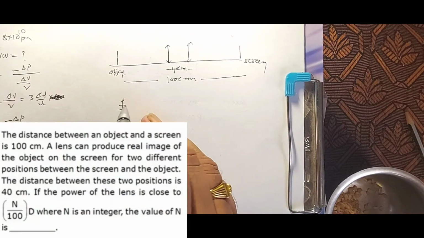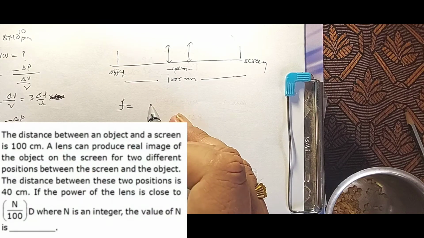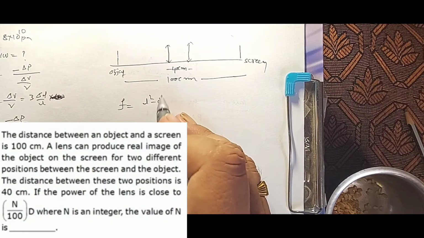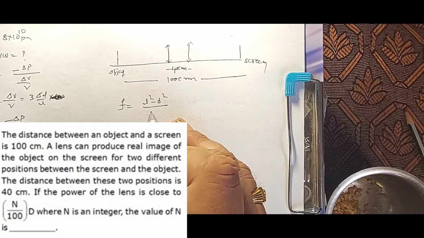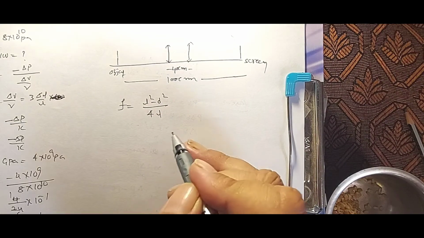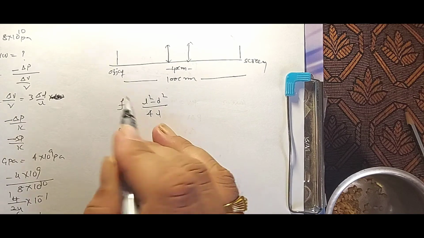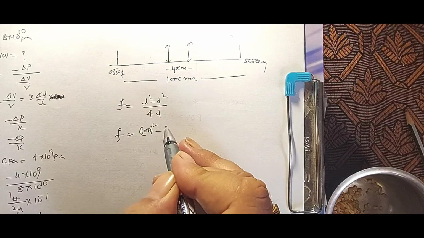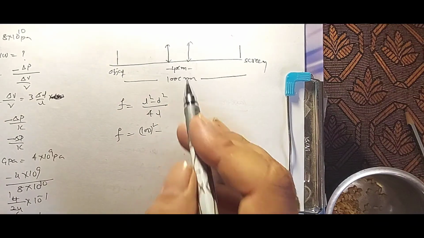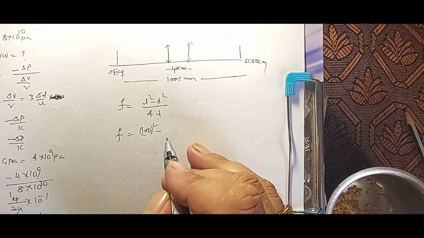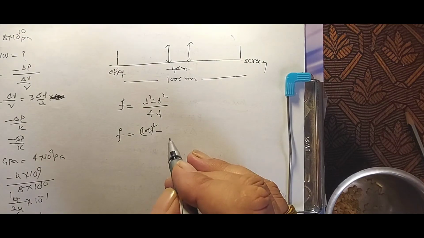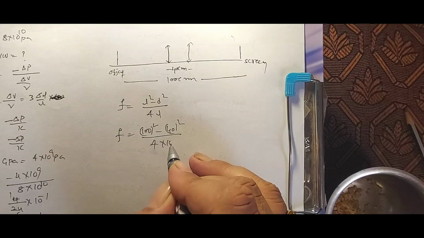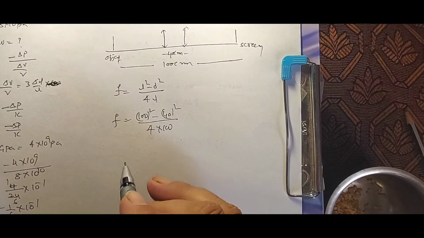We know that in conjugative forcing method, the focal length of a lens F is equal to L square minus D square by 4L. Here L is the distance between object and screen, that is 100 square, minus D square, the distance between the two positions of the lens, that is 40 square, divided by 4 into 100.